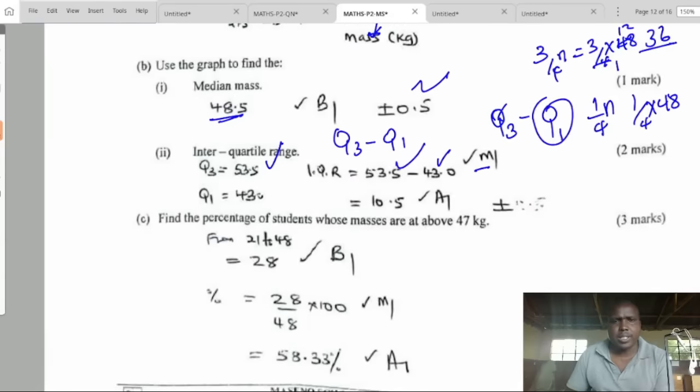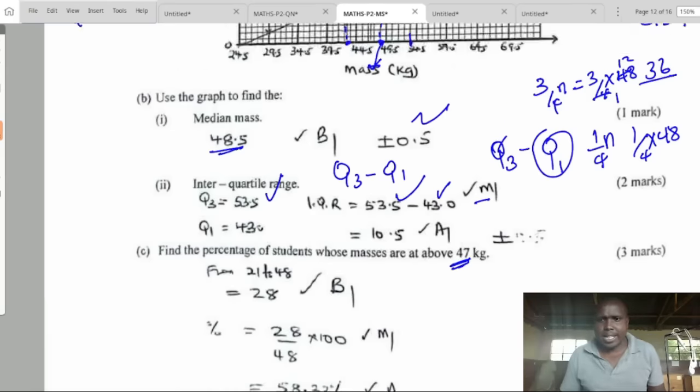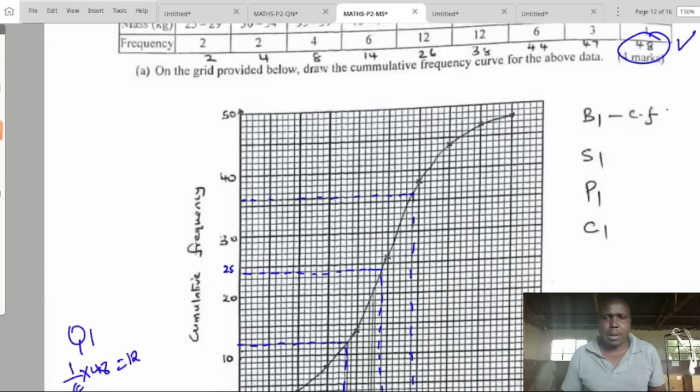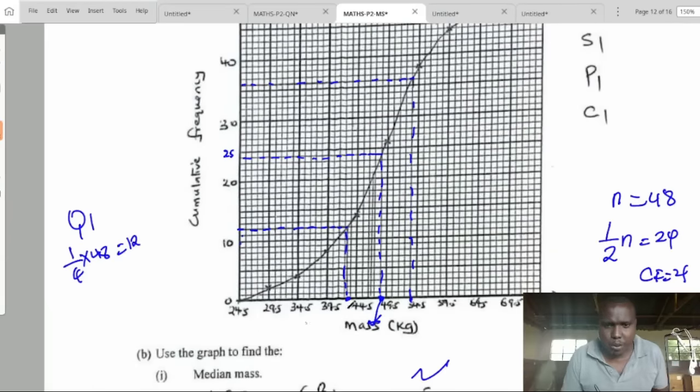So the next question is, find the percentage of the students whose masses are above 47. So how do you do that? You come to where we have 47. Find 47 here. This is 45, 44.5. So 44.5, according to your scale, you will get 47.